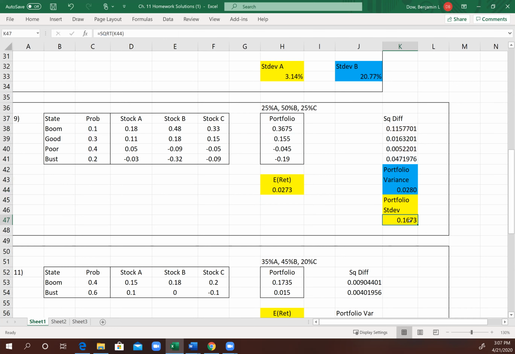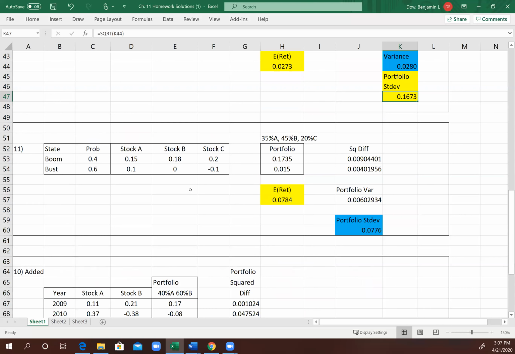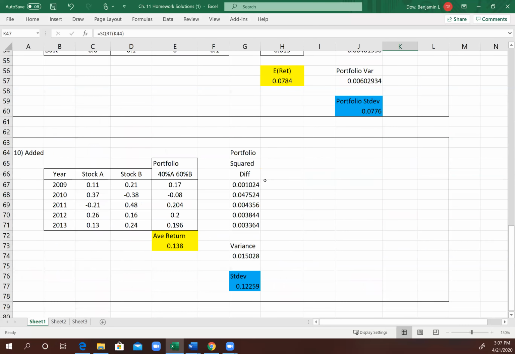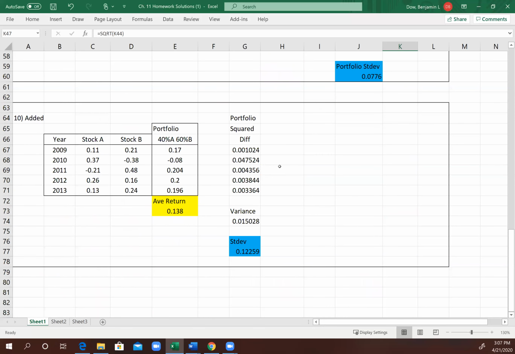Take the square root of the variance, and you've got the portfolio standard deviation. All right, this one's very similar, just switches the weights around. Let's look at number 10 though.